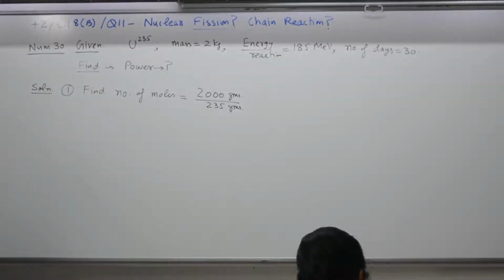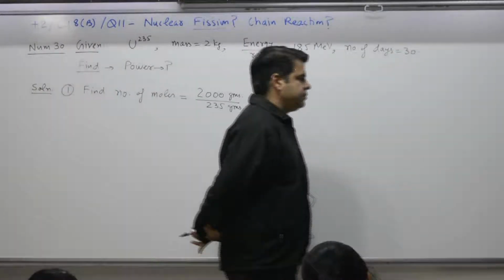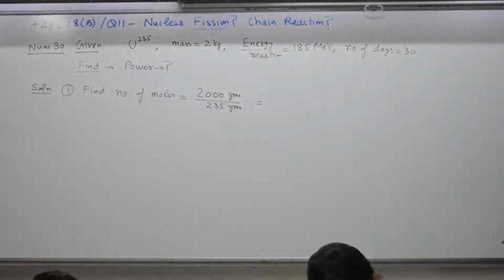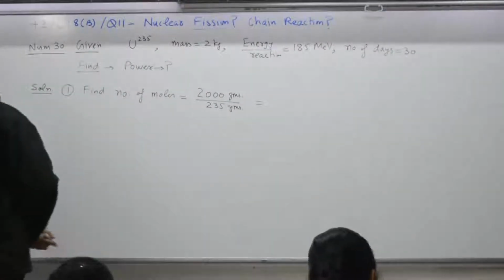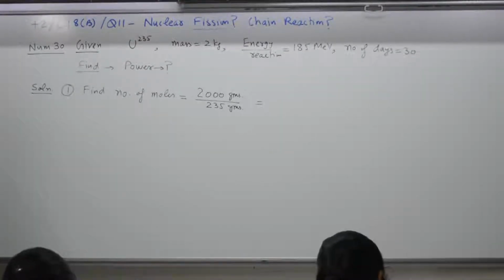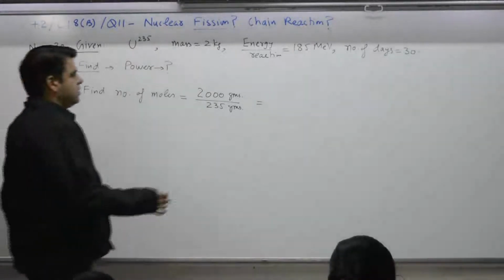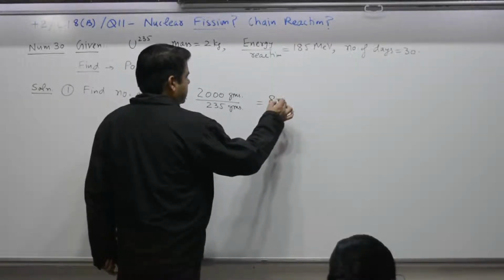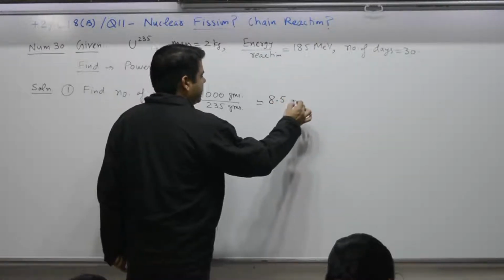Find the number of moles. Yes, 2000 by 235 is 8 point something, approximately 8.5 moles. Say 8.5, not an issue.